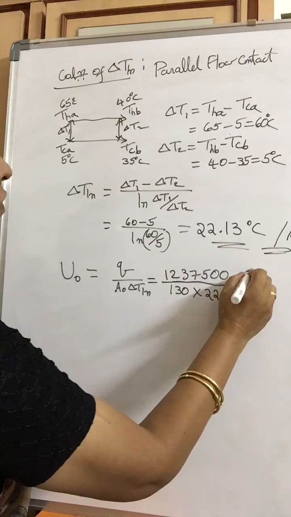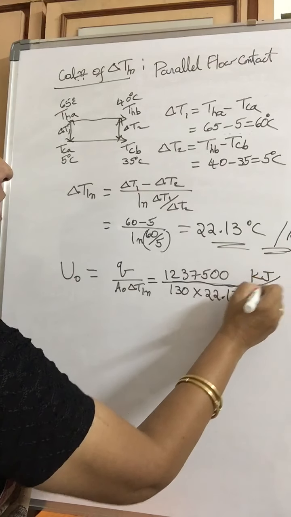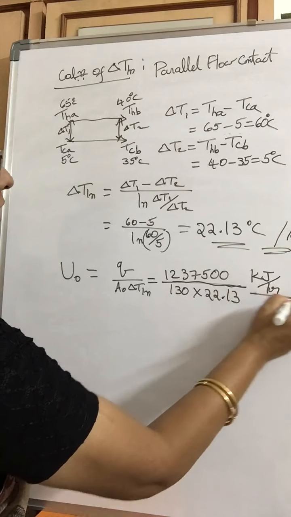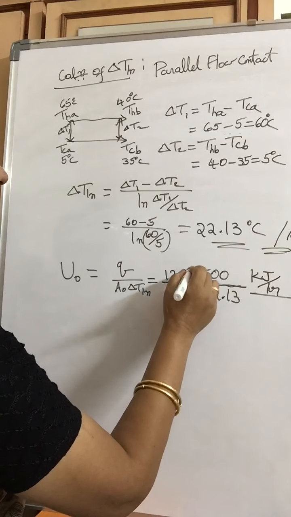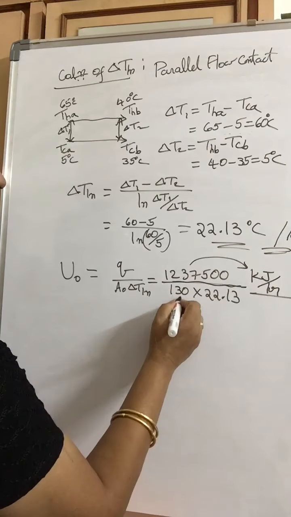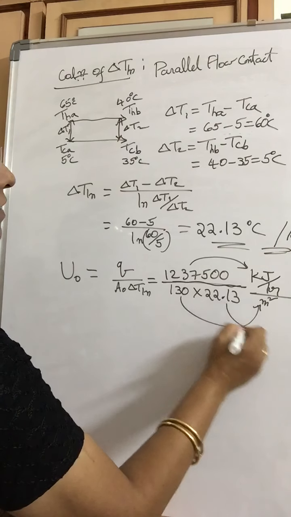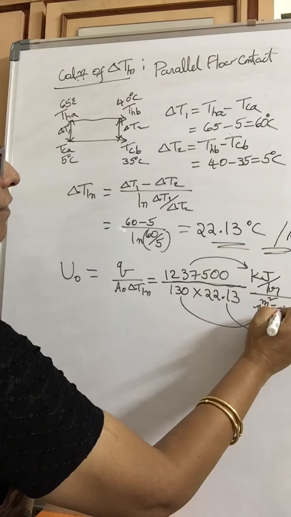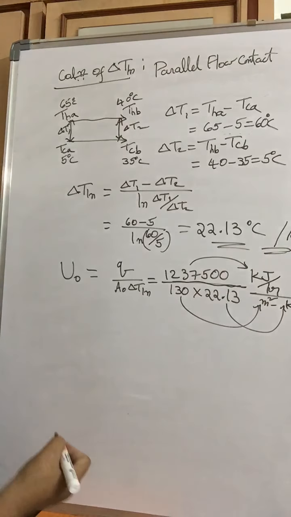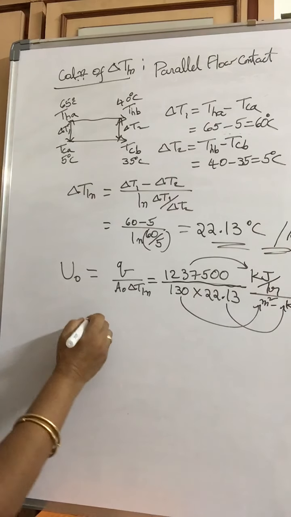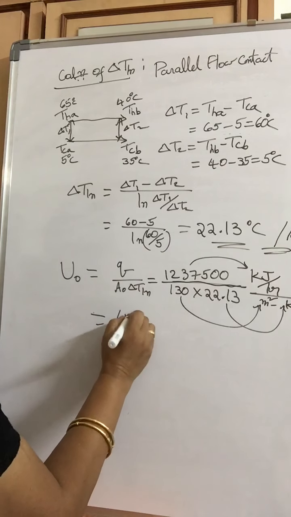What is Q? Kilojoules per hour. That is Q divided by, this is kilojoules per hour, and this is what? Meter square, and this is what? Kelvin. Okay. So the value is 430.